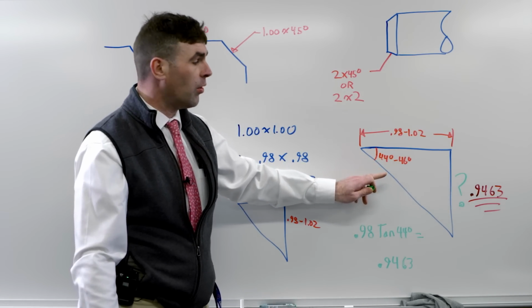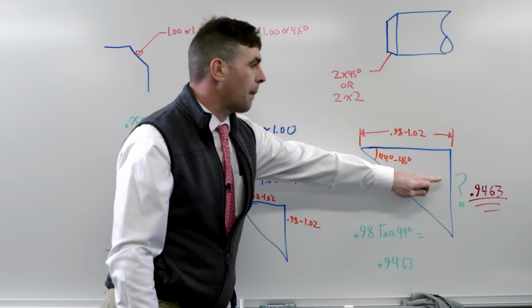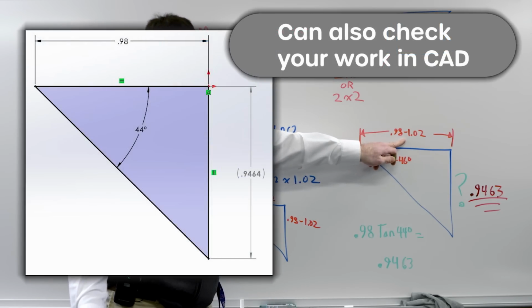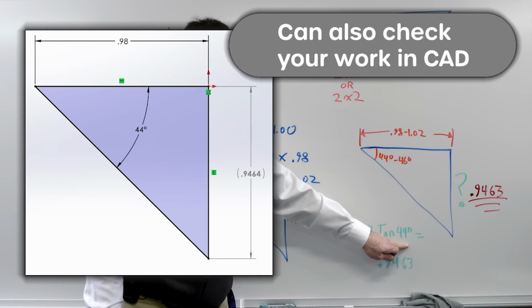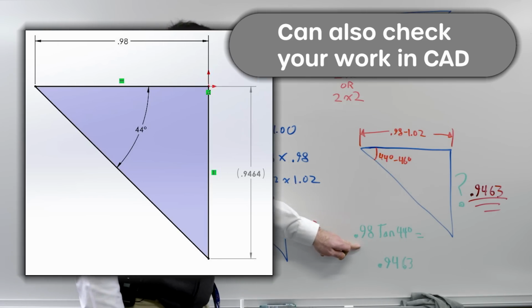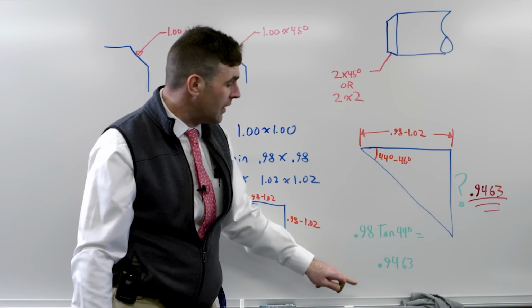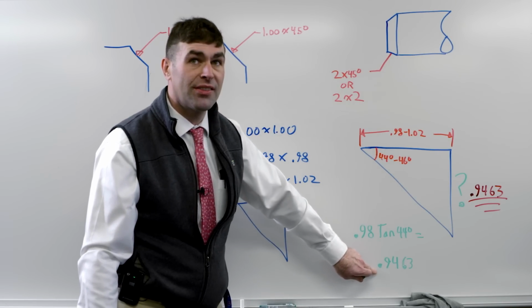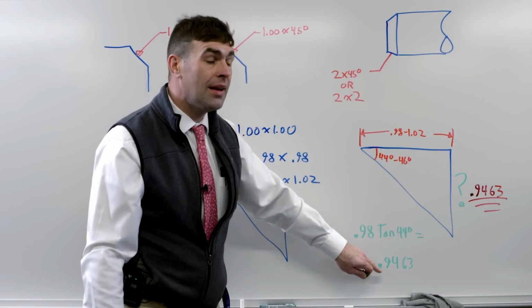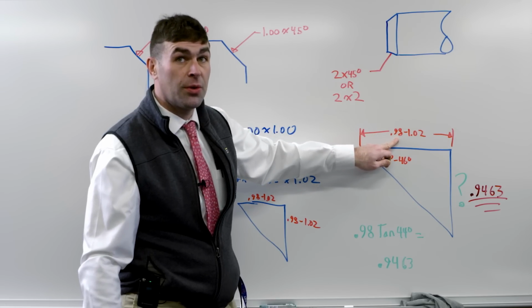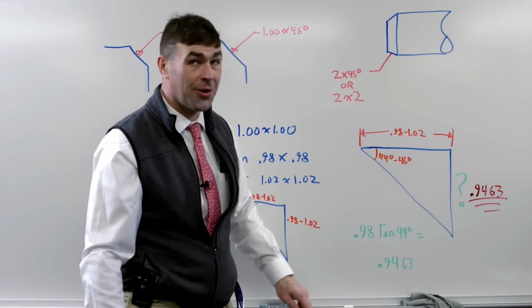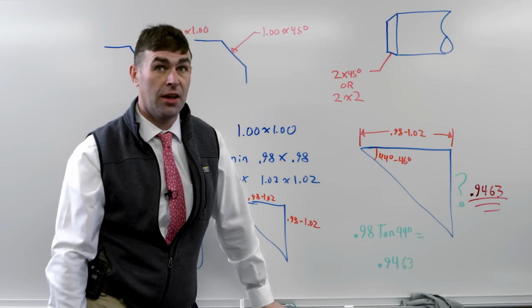We have this angle, so it's opposite over adjacent, so we're going to use the tan function. Tangent of 44 degrees times this short leg is going to give us 0.9463. Okay? That's much smaller than this 0.98, right? A good amount smaller as far as these things go.